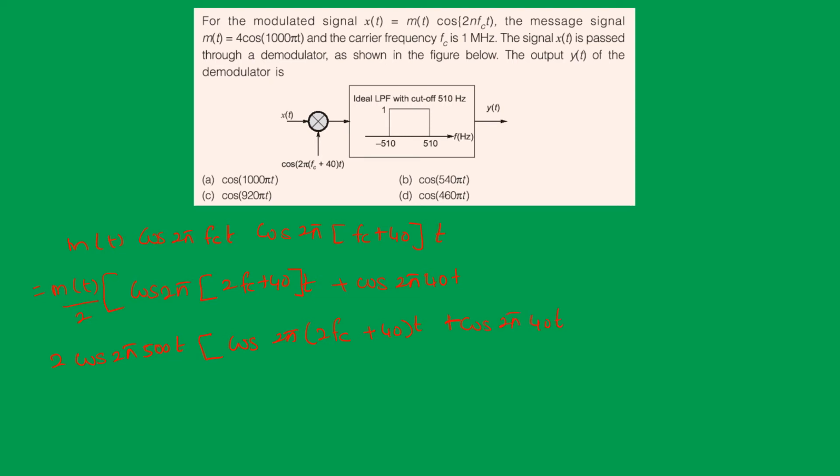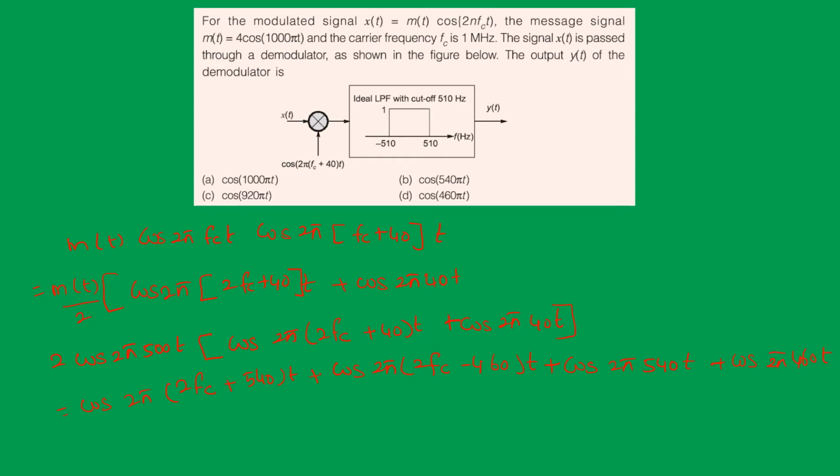Applying the same formula again, we get cos 2 pi 2 fc plus 540 into t plus cos 2 pi 2 fc minus 460 into t plus cos 2 pi 540 into t plus cos 2 pi 460 into t.